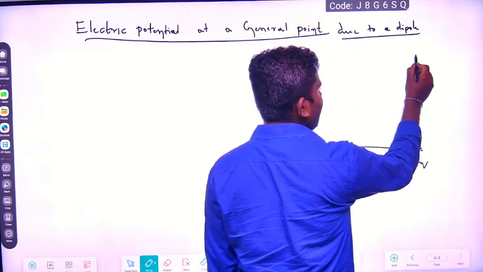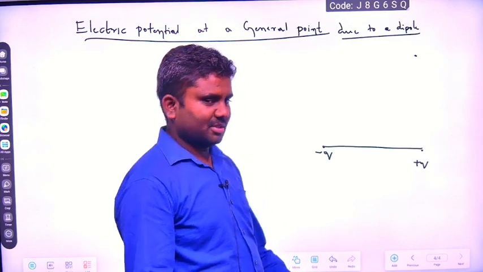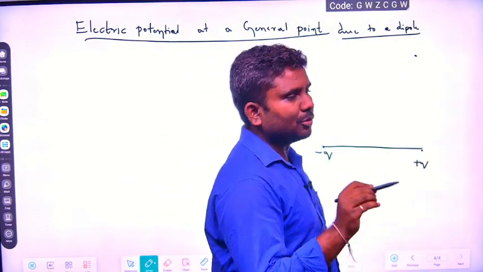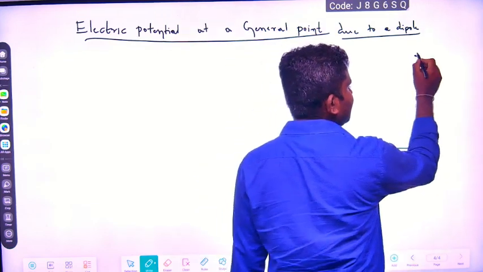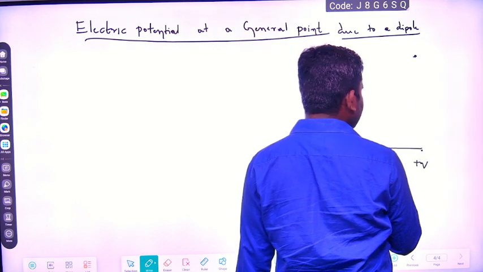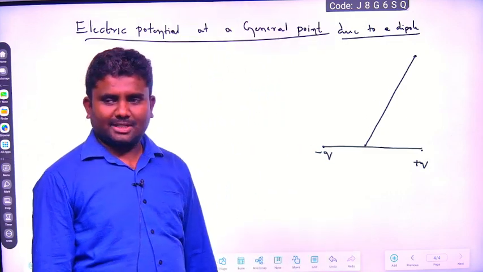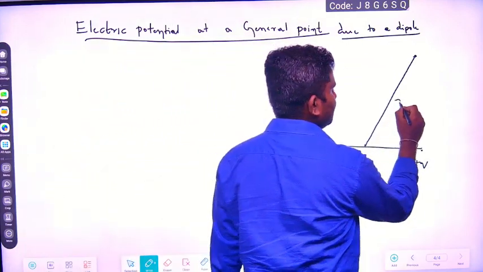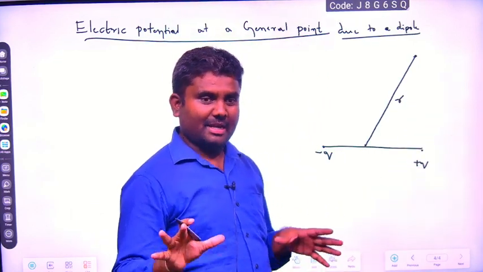Now I will take a general point P where you need to find the potential. Always we measure the point from the center of the dipole. That is r, the distance of the point from the center of the dipole.